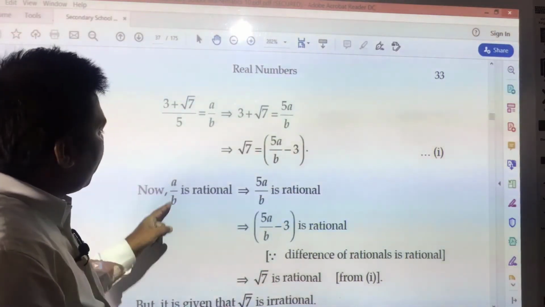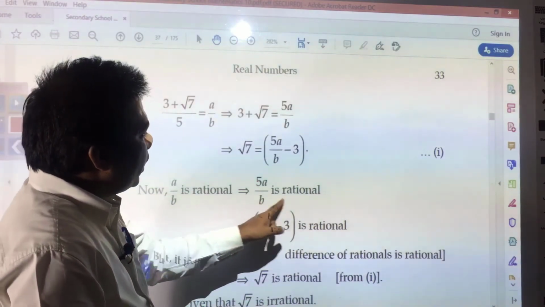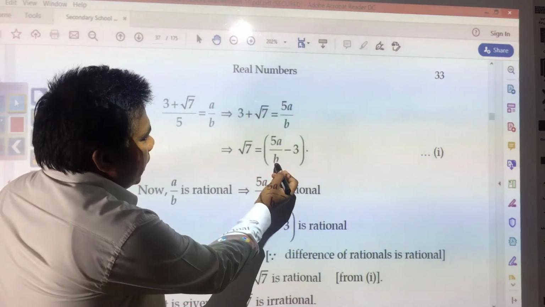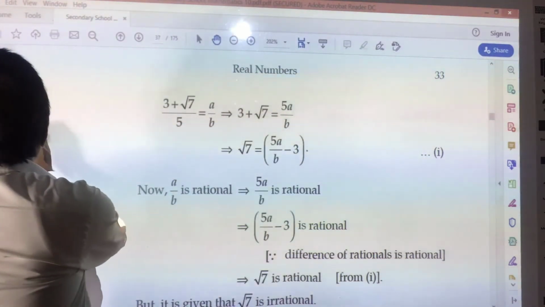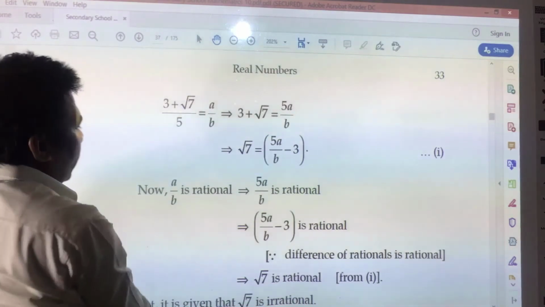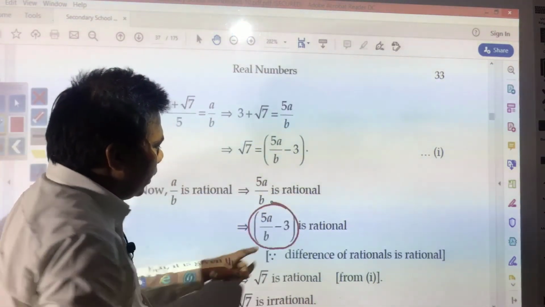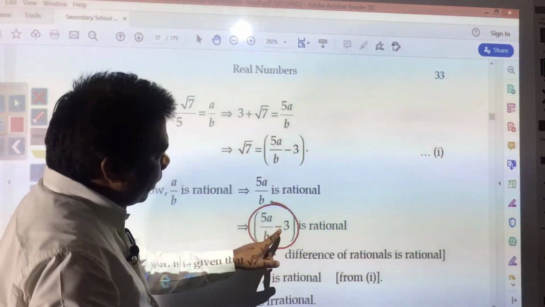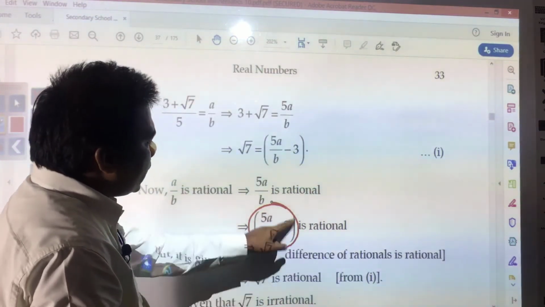Now a by b is rational, that implies 5a by b is rational, and again if 5a by b is rational, minus 3, the difference you will get will also be a rational number. So finally, you will get 5a by b minus 3 will be a rational number.